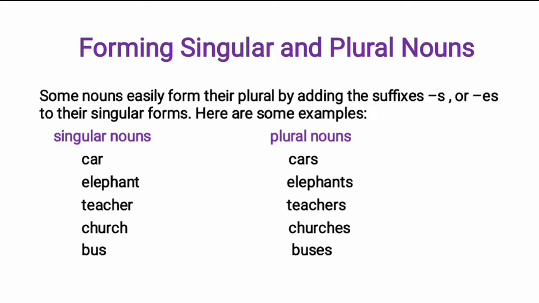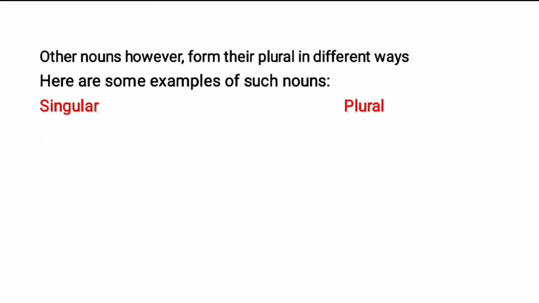Church, churches. Bus, buses. So in these examples, we can see that we simply added s to the singular form to get the plural forms. So these are some of the ways by which you can obtain the plural forms of some nouns. Other nouns, however, form their plural in different ways.